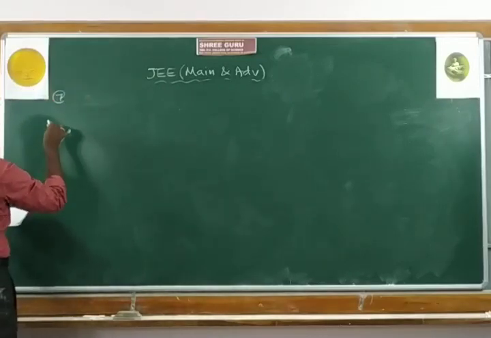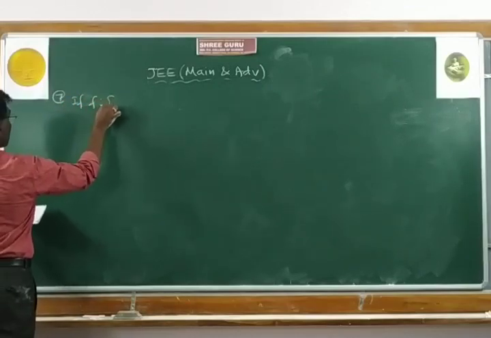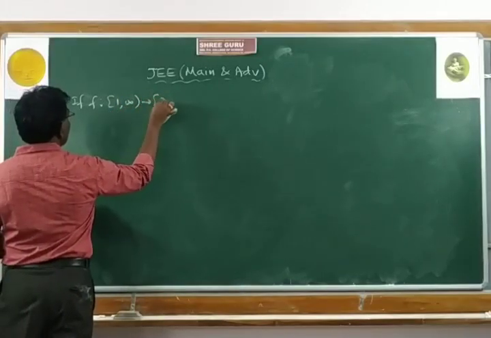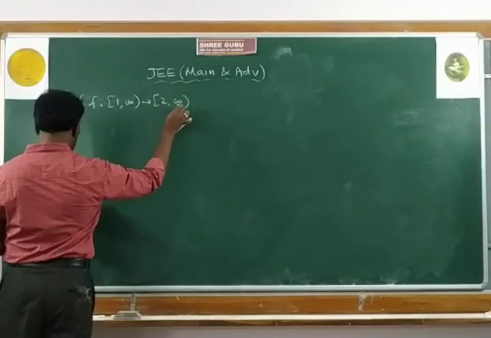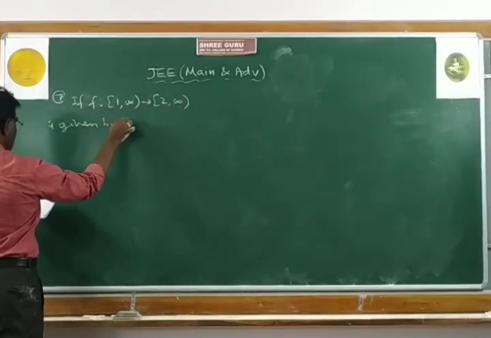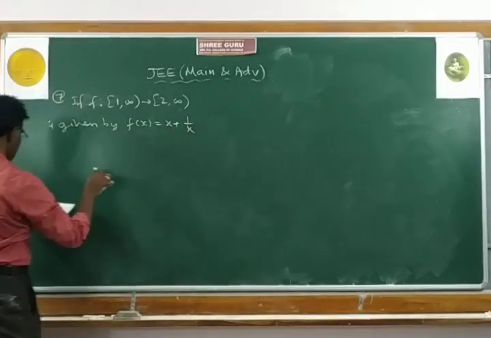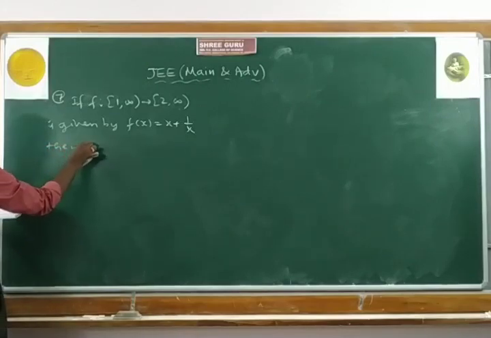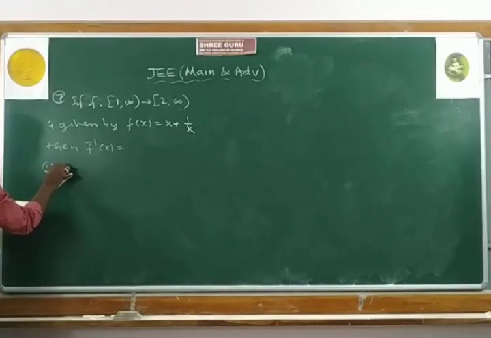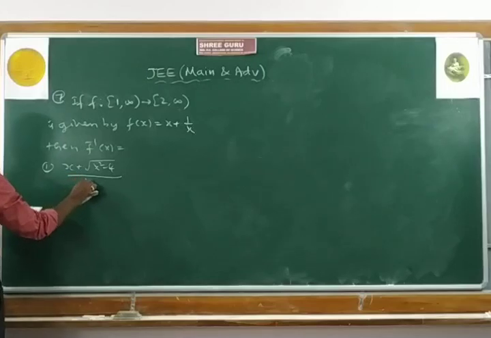Seventh question. If f from 1 comma infinity to 2 comma infinity is given by f of x equal to x plus 1 by x, then f inverse of x equals: first option, x plus root of x squared minus 4, by 2.